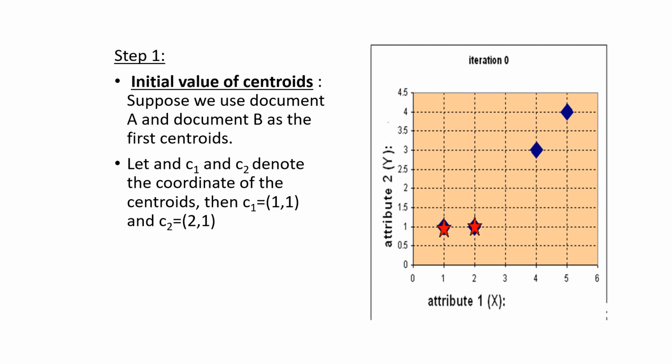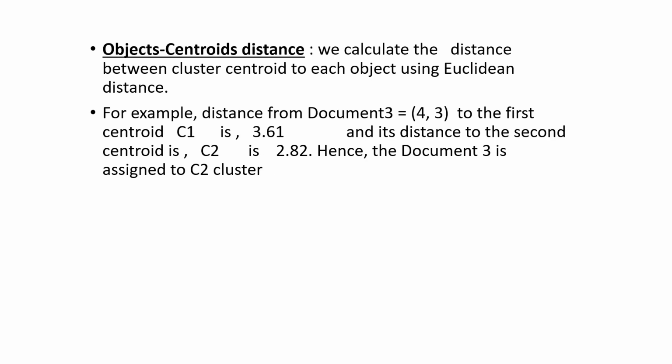So initially, we take document 1 and document 2 as the two initial clusters, since k is 2. Then the centroid of the respective clusters is going to be the data point itself, because there is only one document in each cluster. Now we take document 3, represented as 4 comma 3, and compute the Euclidean distance to C1 and C2.